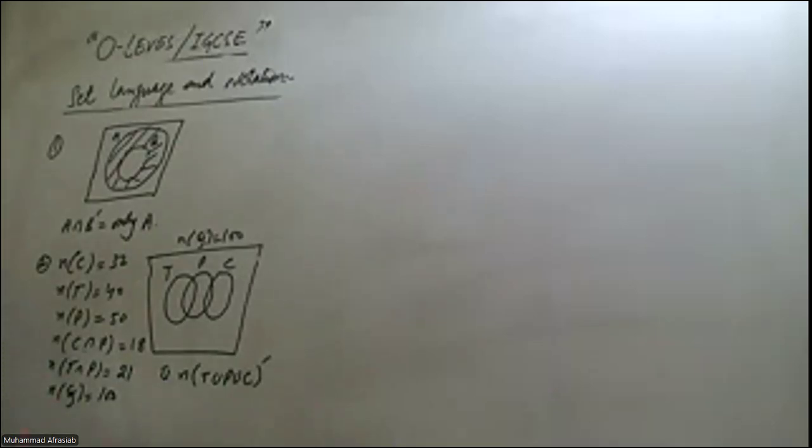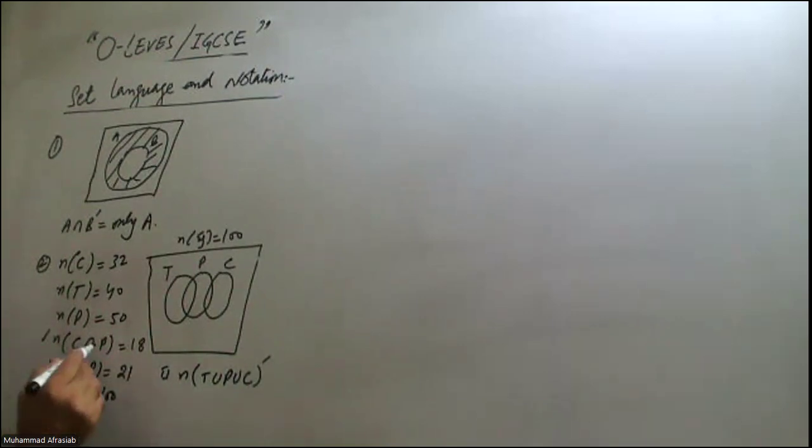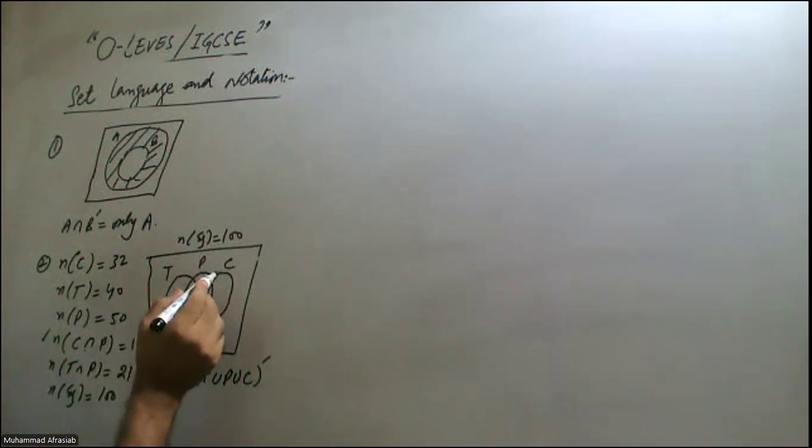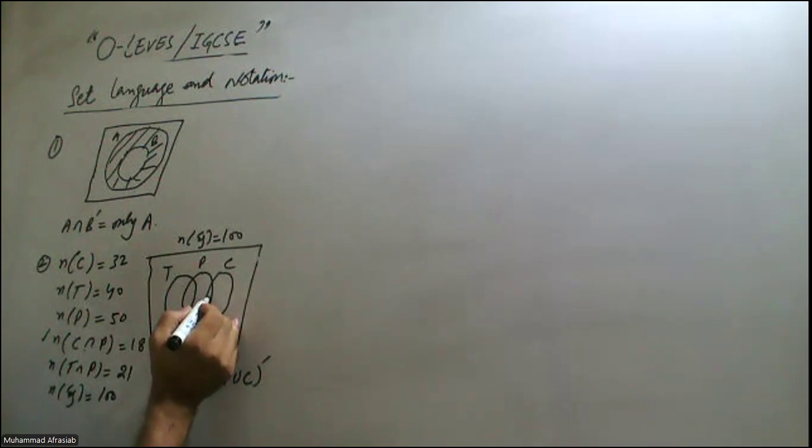So let's start from this. N of universal set is equal to 100. N of C intersection P is 18. First of all, we will represent those portions which are common in 3 or common in 2. So C intersection P is equal to 18.